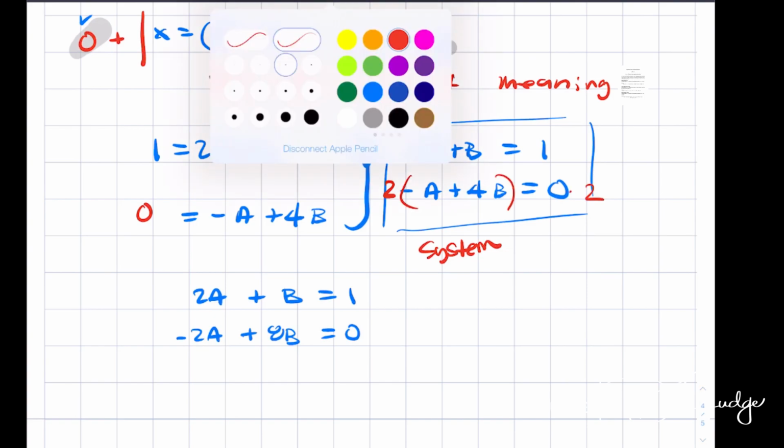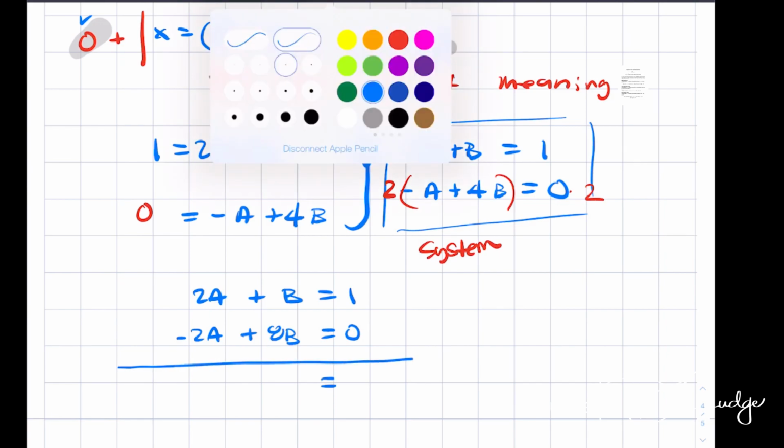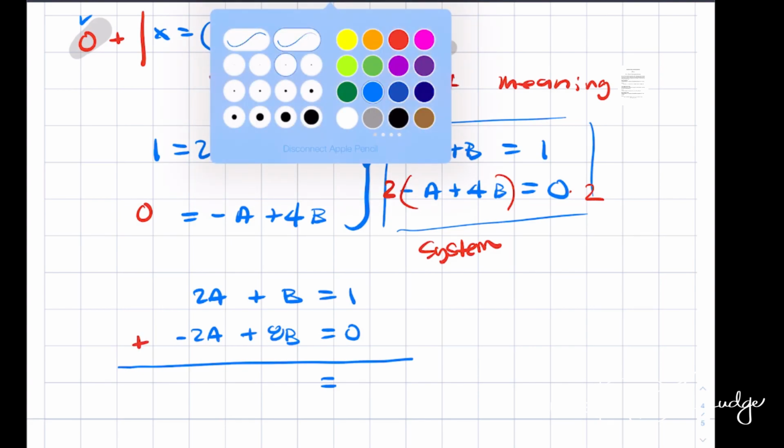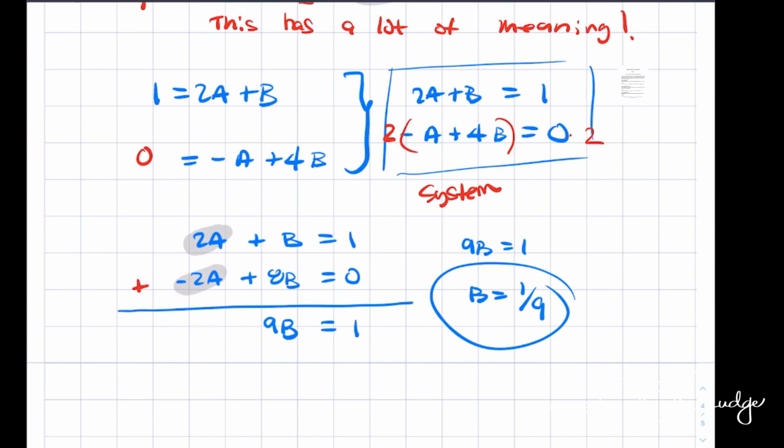And so what you now end up with is a nice equation where, by the addition method, we add the left sides together, sum it with the right sides together, and you notice your 2a minus 2a here goes away. Then you get b plus 8b, that gives you 9b. And 1 plus 0 is 1. So since 9b equals 1, what you can say is b equals 1/9. That's where your work is.